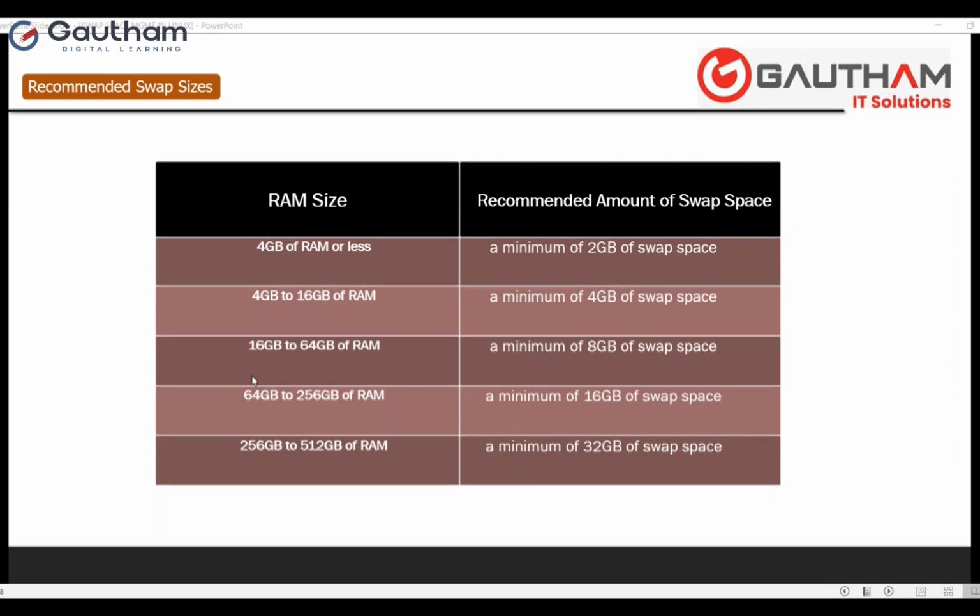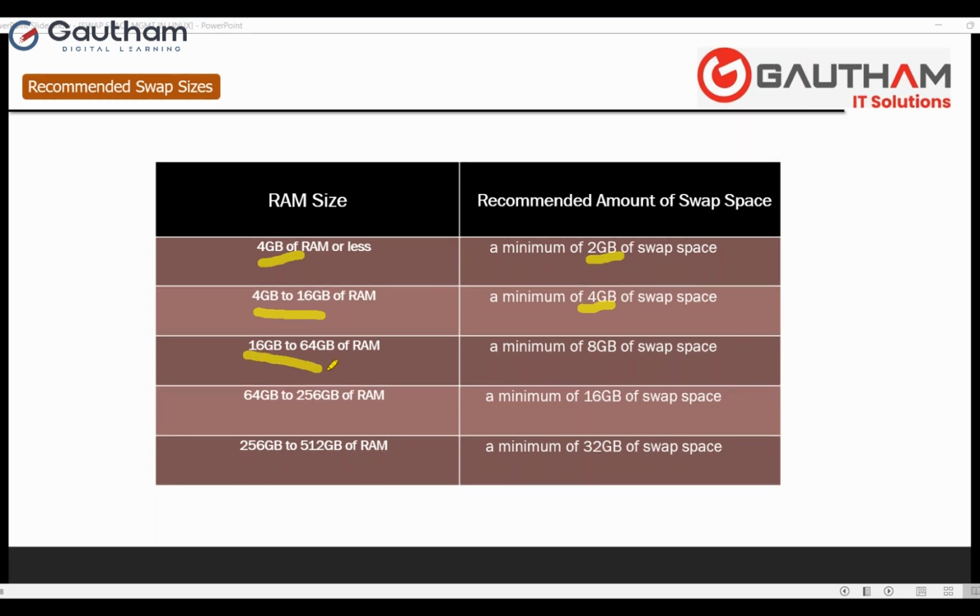So what size of the partition should it be to support the RAM? Swap is directly proportional to RAM. Whatever size the RAM is, according to that, we have to create a swap. If your RAM is around 4 GB, then minimum 2 GB swap is to be maintained. If your RAM is between 4 to 16 GB, minimum 4 GB swap has to be maintained.